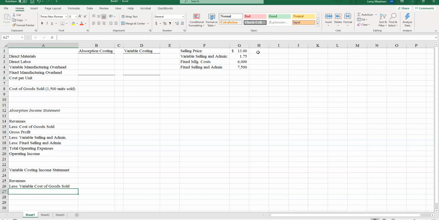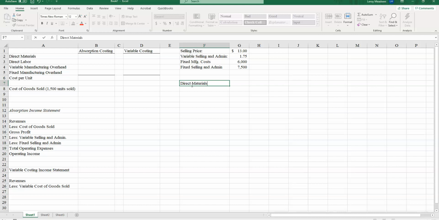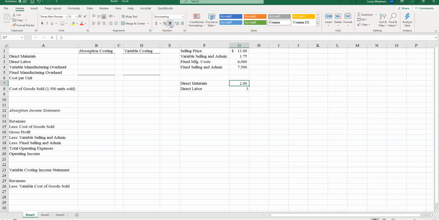I'm going to have direct materials cost of $2, and direct labor is going to be $3. And let's make our selling price for our widget $16.